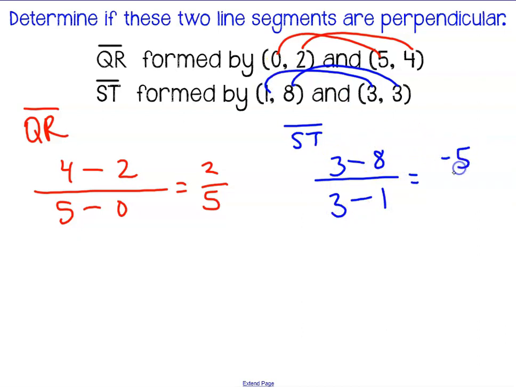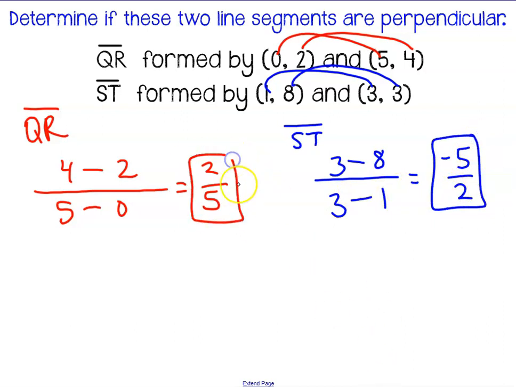Looks like I'm going to get -5/2. So here are my slopes. Are they opposite signs? Yes. Are they reciprocal fractions? Yes. So this is a set of perpendicular lines.